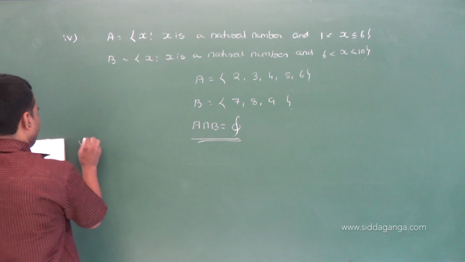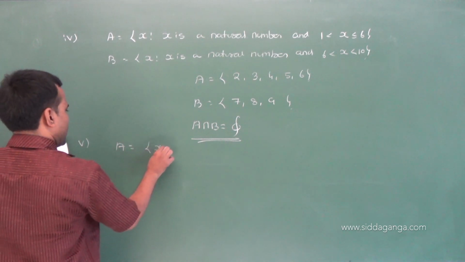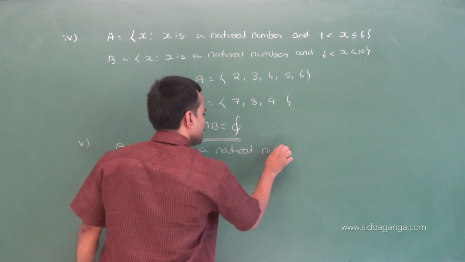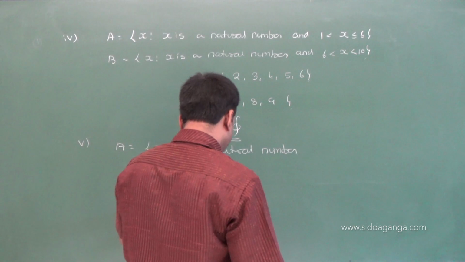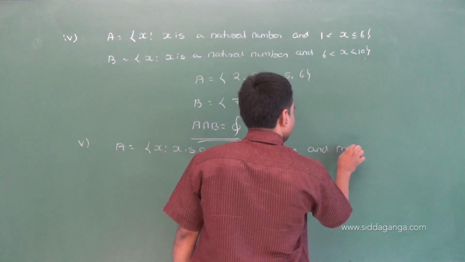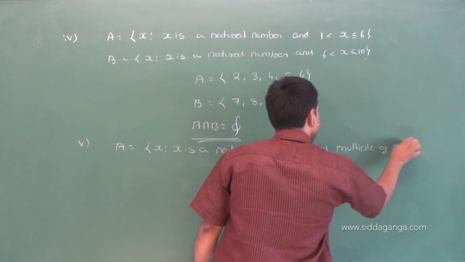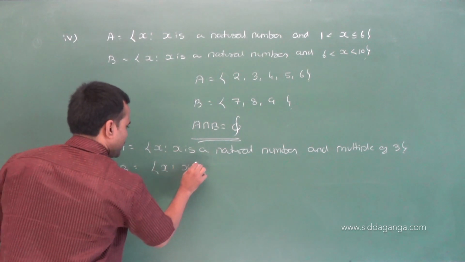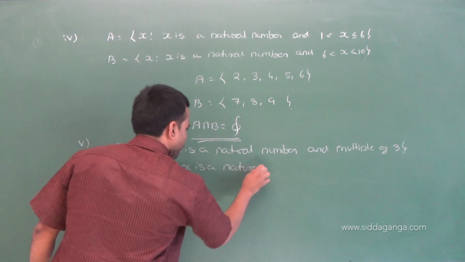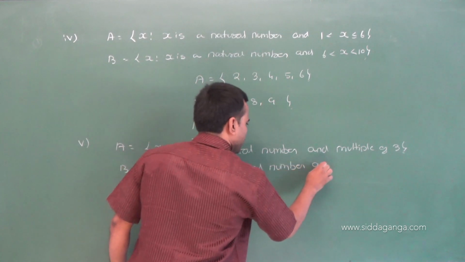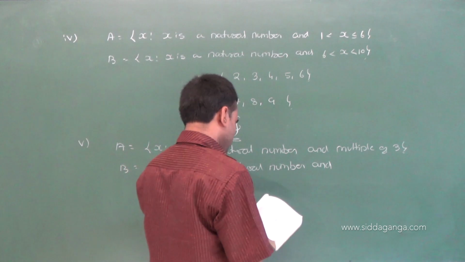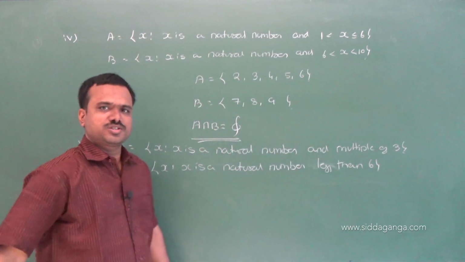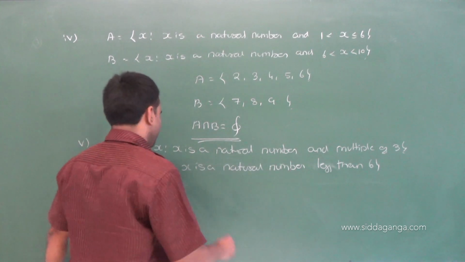One more question. Fifth one. A is equal to {x such that x is a natural number and a multiple of 3}, B is equal to {x such that x is a natural number less than 6}.